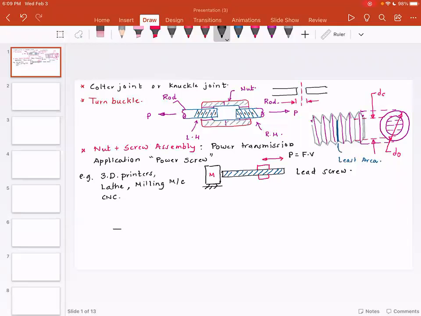So if you look at the screw jack, I'm going to show you a very simple diagram of the screw jack, you will have a screw jack body, you will have a screw jack nut, and then there's an actual screw.